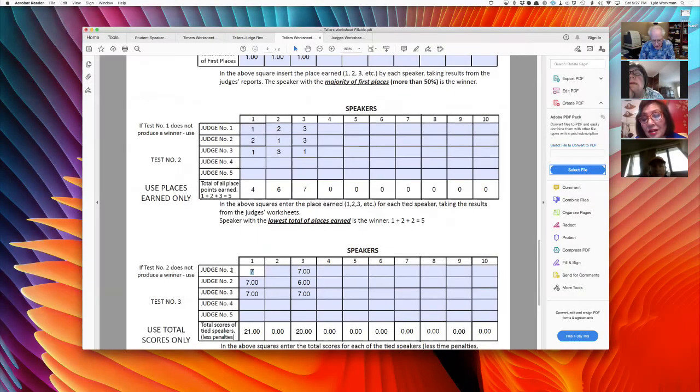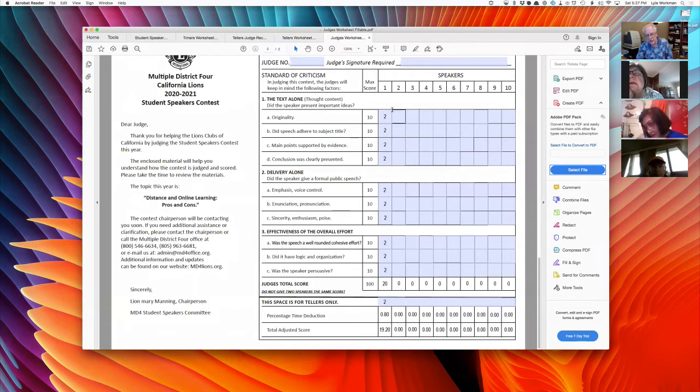Does it start at 6 and then go lower or higher than 6, being the average? No, if you look at the judge's sheet, try to understand how the scoring works. These numbers could be, say, speaker number 1 has all 10s.